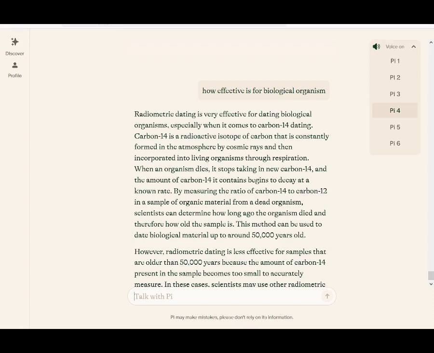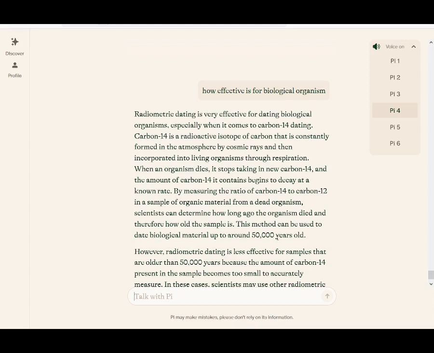When an organism dies, it stops taking in new carbon-14, and the amount of carbon-14 it contains begins to decay at a known rate. By measuring the ratio of carbon-14 to carbon-12 in a sample of organic material from a dead organism, scientists can determine how long ago the organism died and therefore how old the sample is. This method can be used to date biological material up to around 50,000 years old.